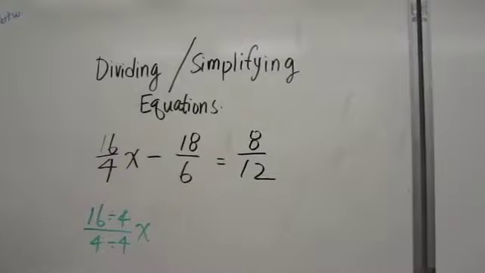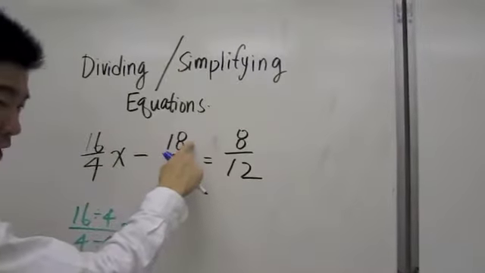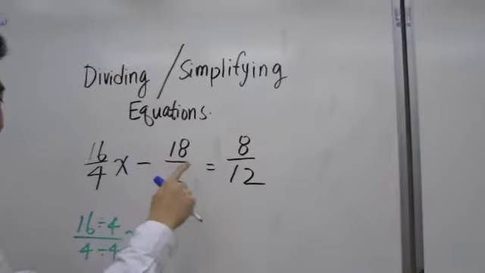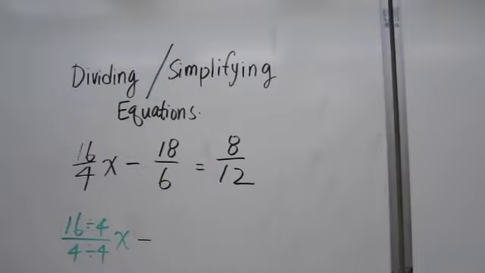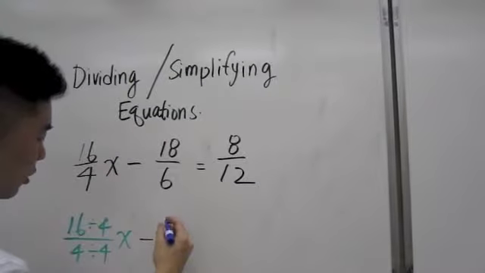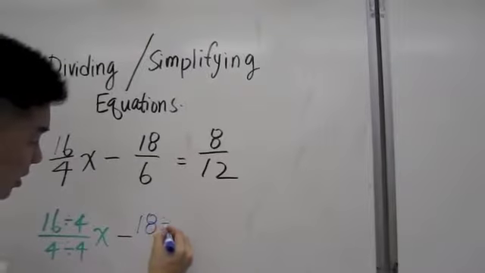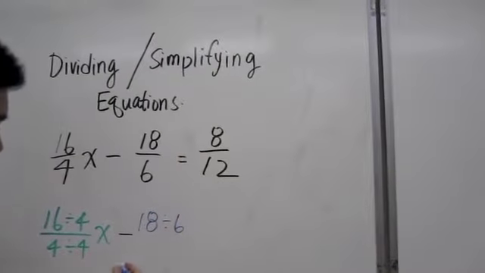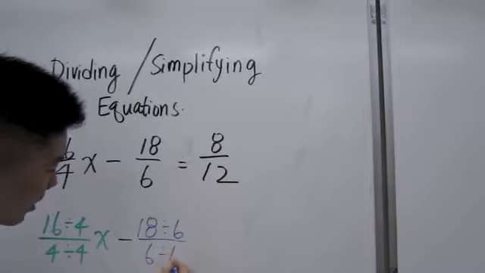Now, again, I'm going to look for a number that can divide into the numerator evenly and divide into the denominator evenly. Now, you might be getting the hang of this at this point. So you might have already realized that 18 can be divided by 6, and 6 can be divided by 6.